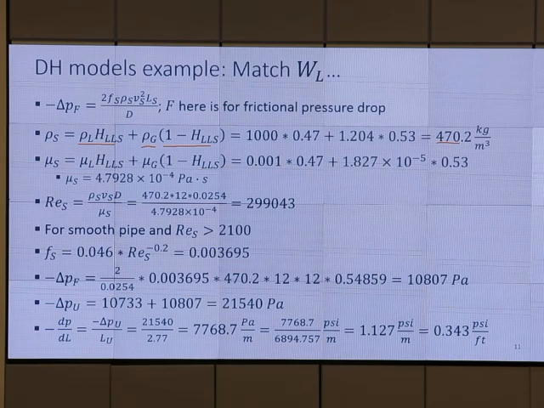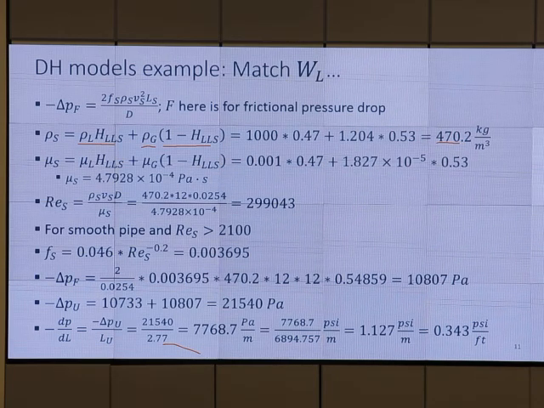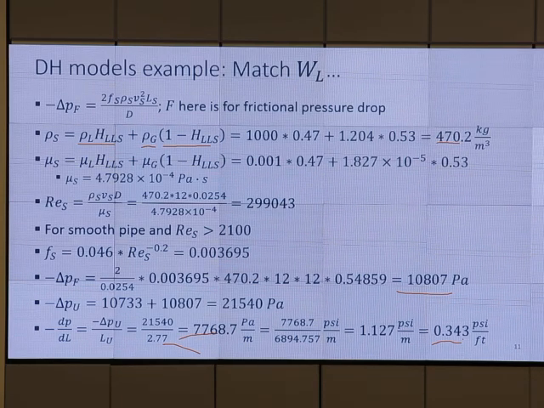Same for viscosity. Okay, this is a mixture property. Calculate the Reynolds number. Use the equation to calculate the friction factor. Put that in, I get f. Okay, put everything in, I get this: 0.3 psi per foot.